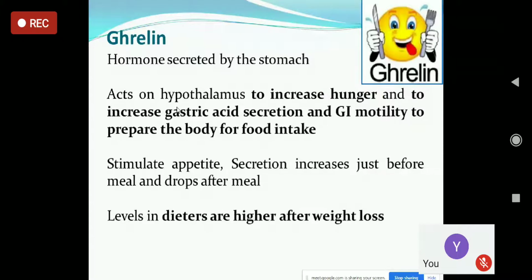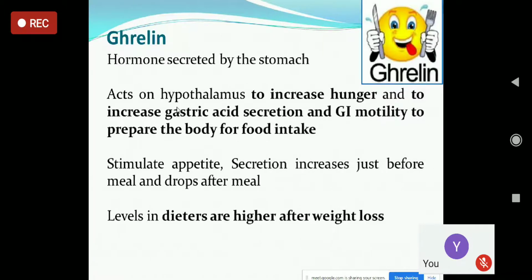There is another hormone which is secreted by the stomach, ghrelin. It is the only known appetite stimulating hormone. It acts on the hypothalamus to increase hunger and to increase gastric acid secretion and GI motility to prepare the body for food intake.